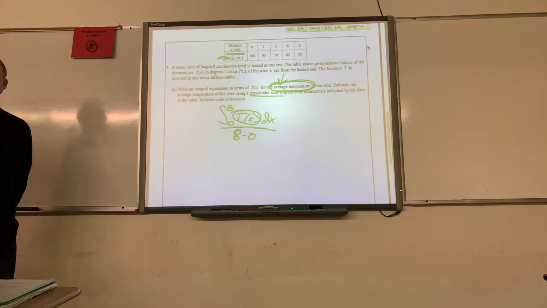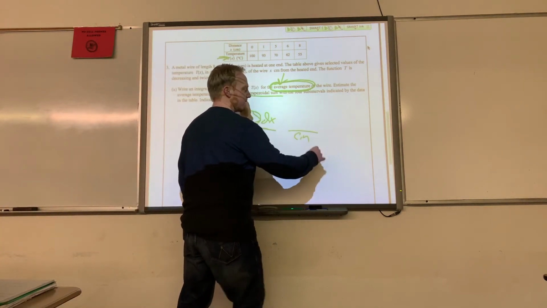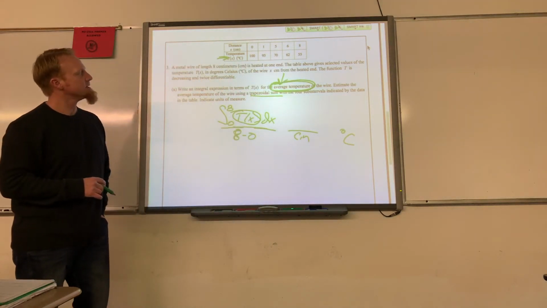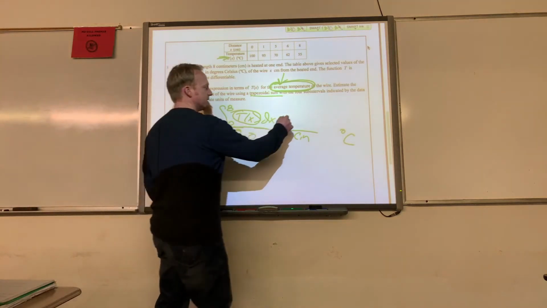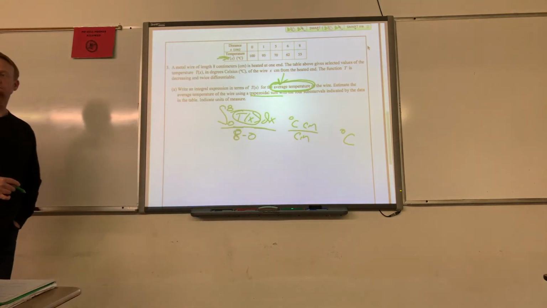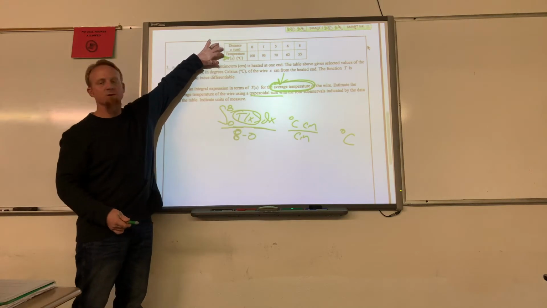So we want to end up with degrees Celsius. That means the top would have to be degrees Celsius times centimeters. Because, again, we go back to, what do we do with these two things?